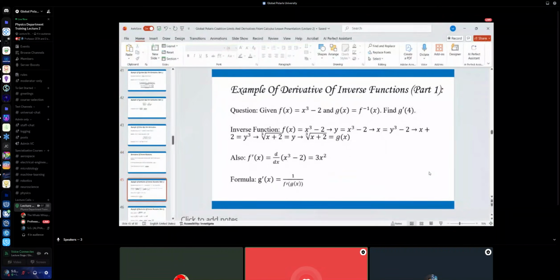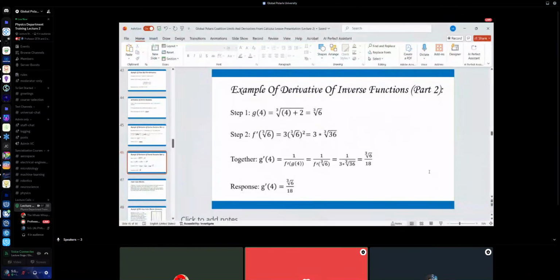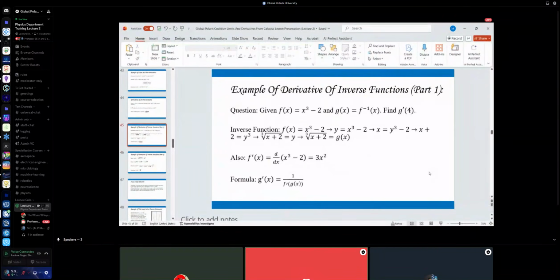So let's go through a short demo with this. Let's say I want you to find the derivative of the inverse function at 4. We are only given this and maybe this. Of course, first thing with inverse functions, you need to swap the x and y around and solve it.